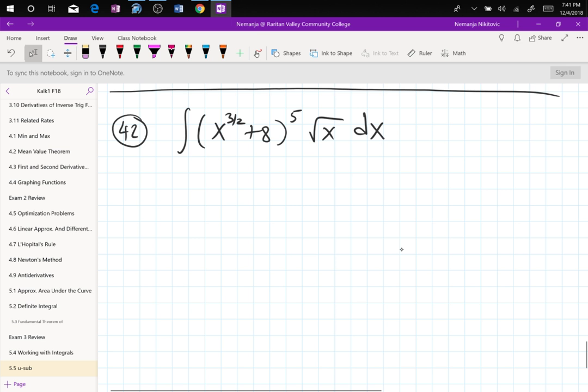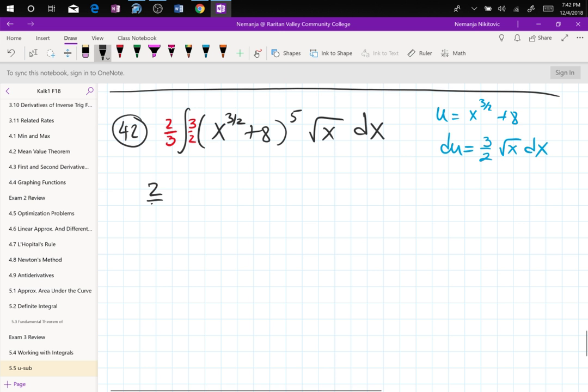So what's u? Good. x to the 3/2 plus 8. So u equals x to the 3/2 plus 8. du is 3/2 square root of x dx. So we don't have this 3/2. We put 3/2 and then 2/3 on the outside.